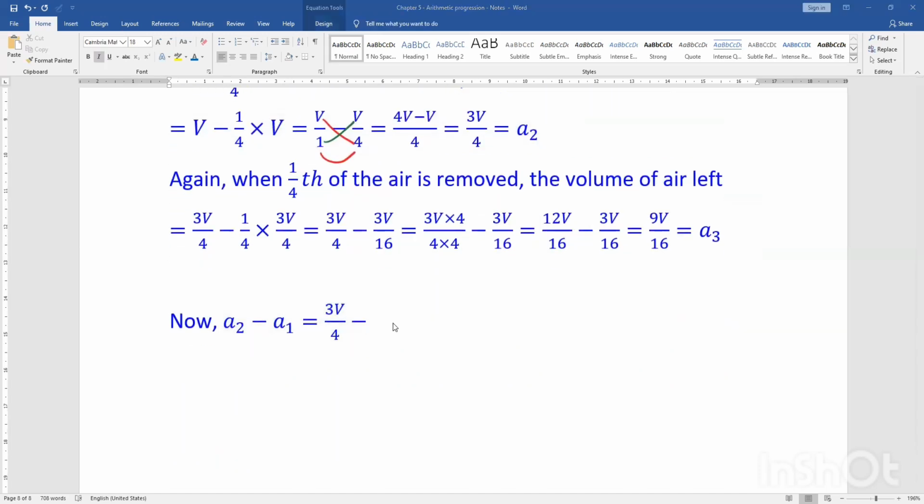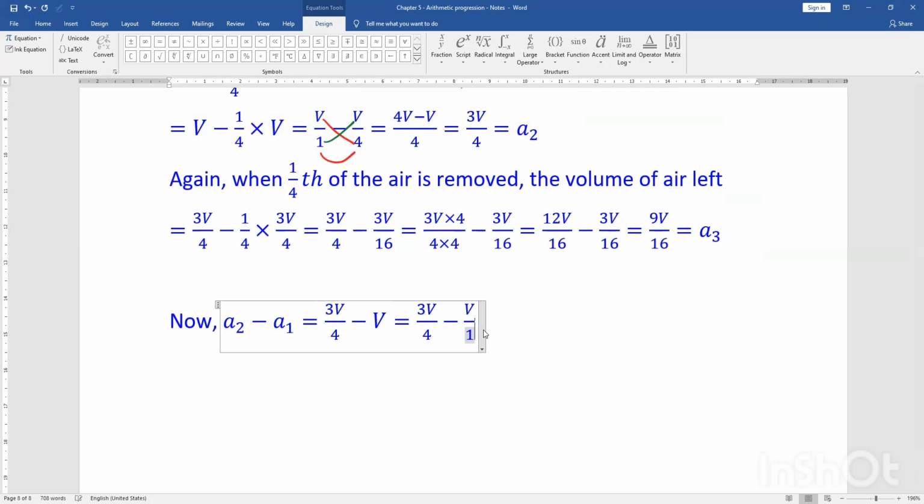A1 is v. In the next step, when you want to do subtraction, just write the denominator as 1. So I'm going to write it as 1 in the denominator. Now apply the cross multiplication method.